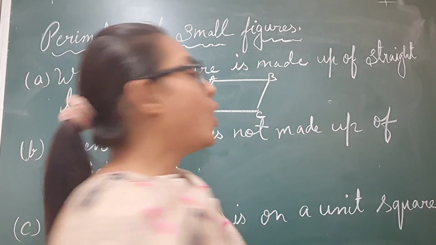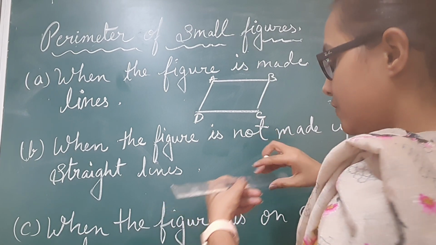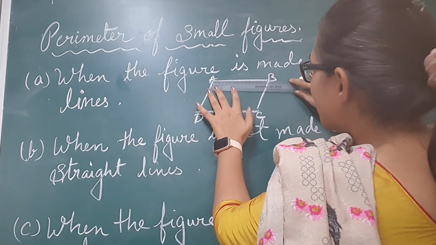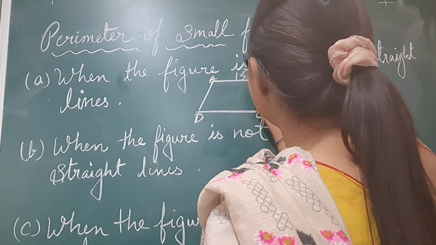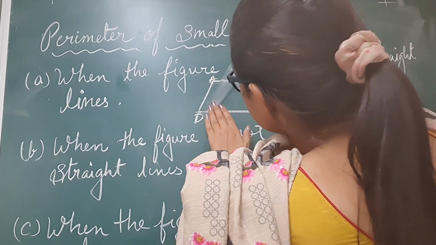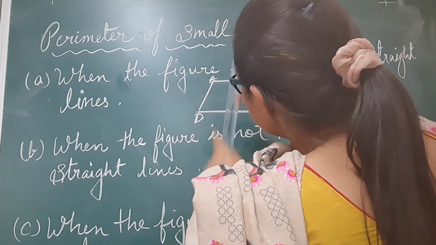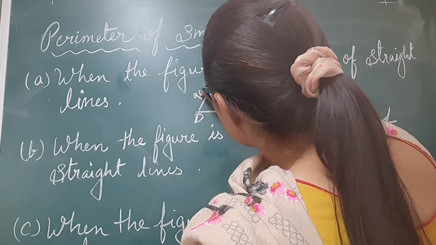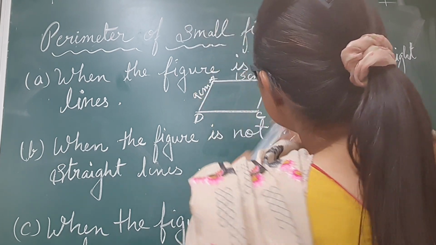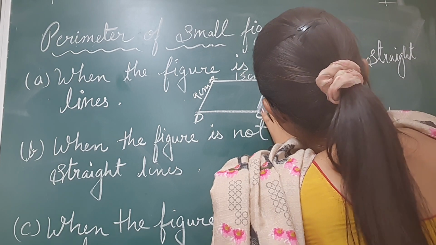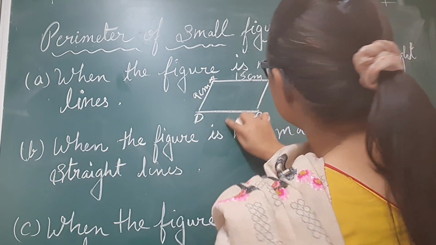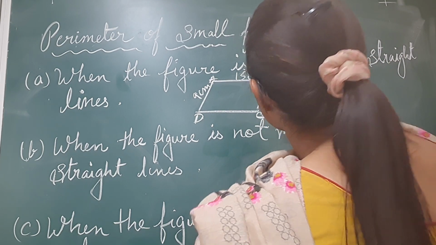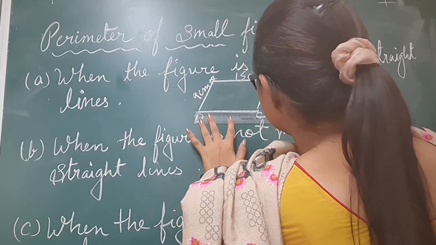First you measure all the sides using your ruler. This side is 15 centimeter, and if you measure this, you will get 9 centimeter. This is also 15 centimeter, this is 9 centimeter, and this will be 15 centimeter.